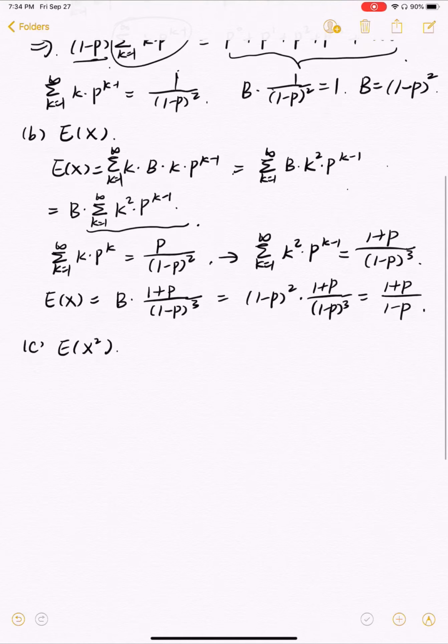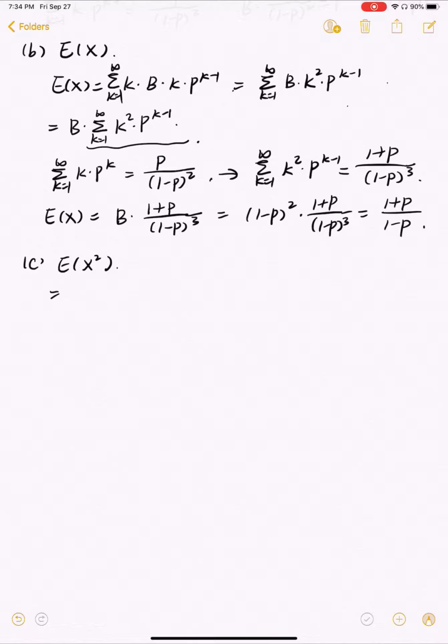So the expression becomes b multiplied by the sum of k squared multiplied by k multiplied by p to the power of k minus 1, which equals b multiplied by the sum of k to the power of 3 multiplied by p to the power of k minus 1.